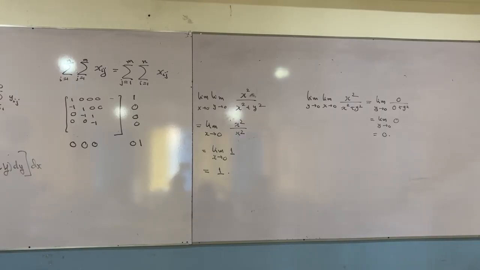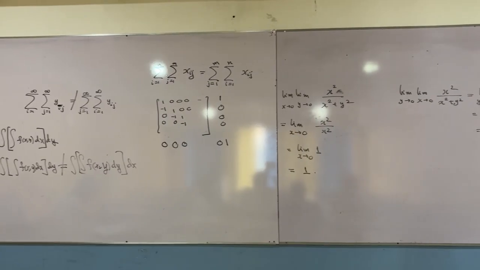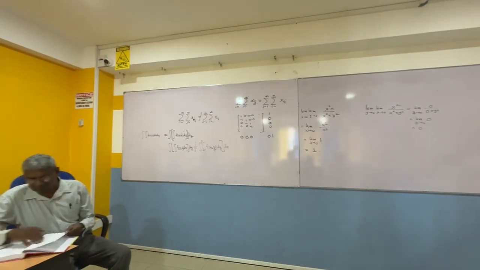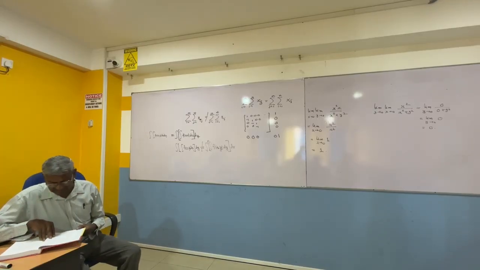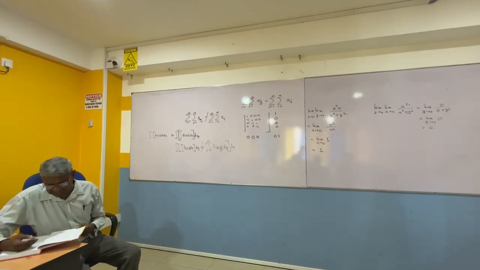Then you have to ask, when can I do so? In the analysis course, you will learn when you can do it. He is just pointing out that you cannot do it always. That's what he is doing. So, interchanging limits, again he is saying, consider the plausible looking statement.